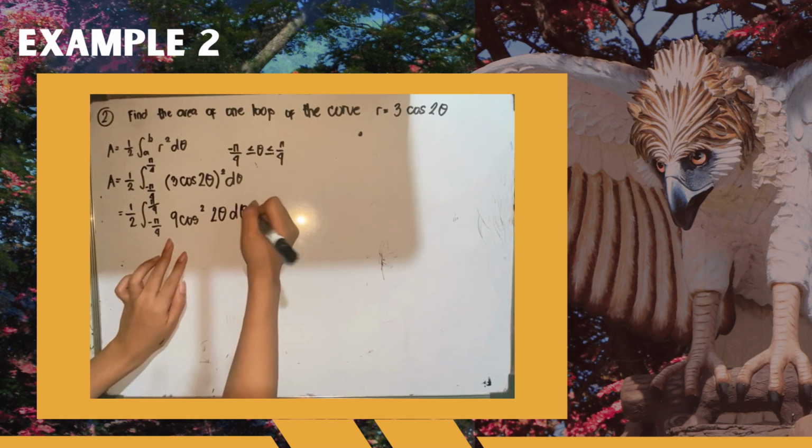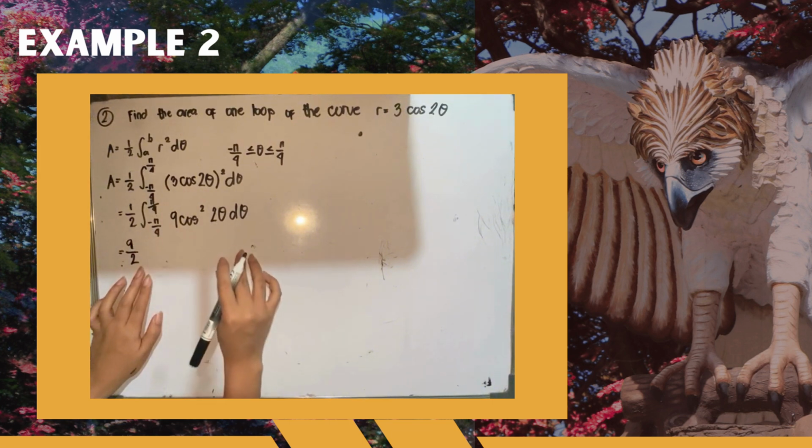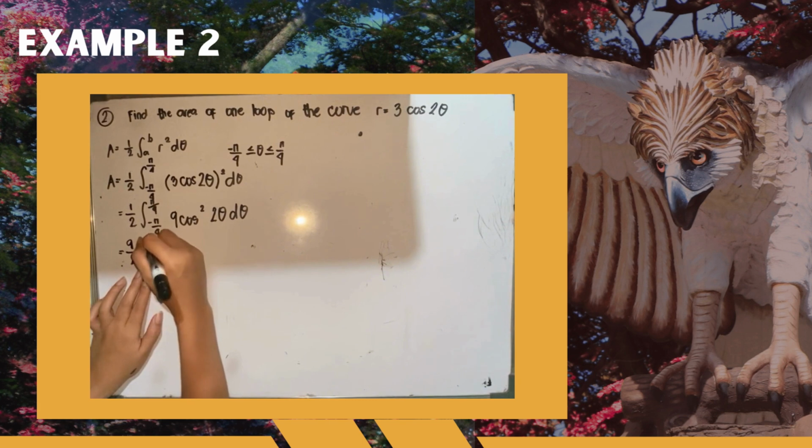And now we have to factor out the constant. It would become 9 over 2 integral from negative pi over 4 to pi over 4.